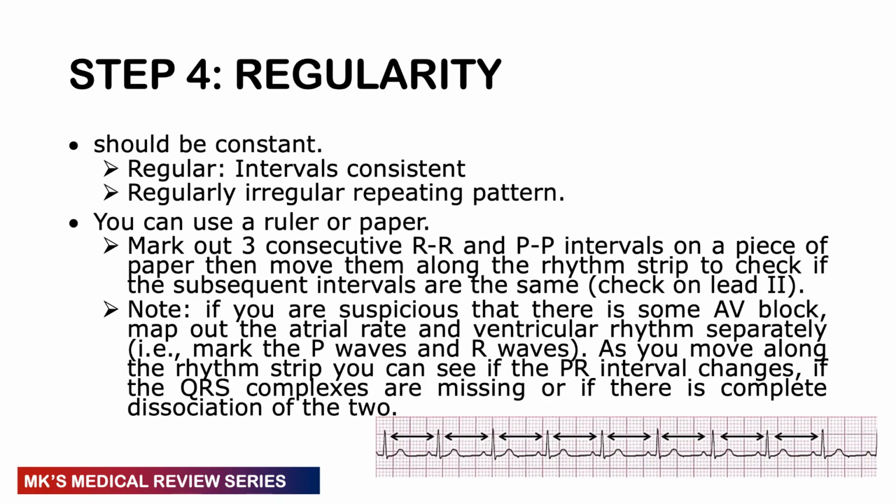Remember that if you're suspecting that there is some sort of heart block, meaning that you see the PR interval is progressively increasing or is increased, then you should at least check the PP intervals and the RR intervals, because as you move along the rhythm strip, you'll see that your PR interval is changing, and if the QRS complex begins to miss, or if there is complete dissociation between the QRS complex and the P wave, then you should assess the QRS complexes on their own, and you should assess the P waves on their own.